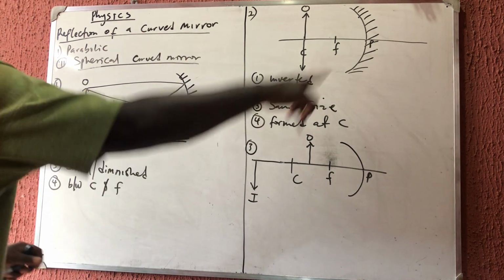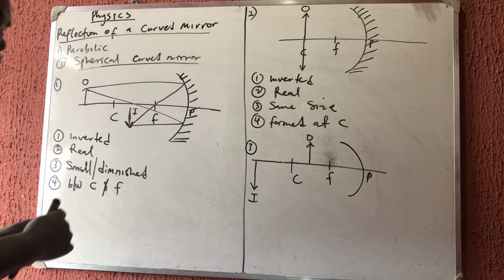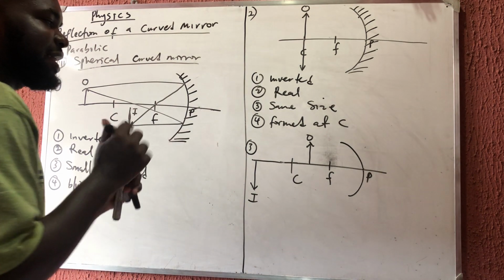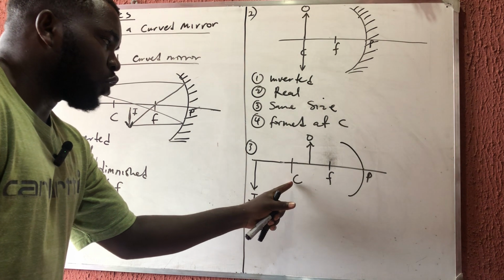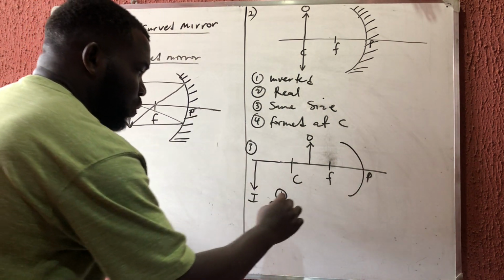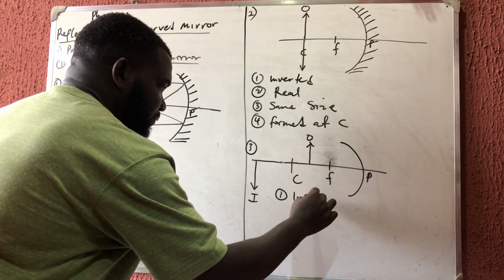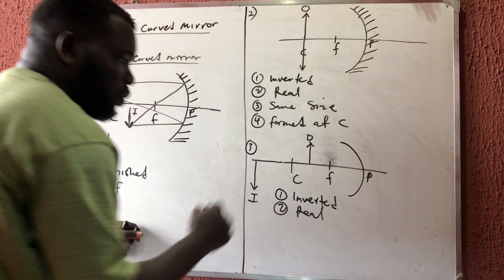I don't know how to draw the lines. You can try to draw the lines yourself. Okay, just note these things I'm telling you. So if you want to write the characteristics of an object placed in a concave mirror between your curvature and your F, you write the trivial one, the most important one. It must be inverted. It must be real. Now where will it form?